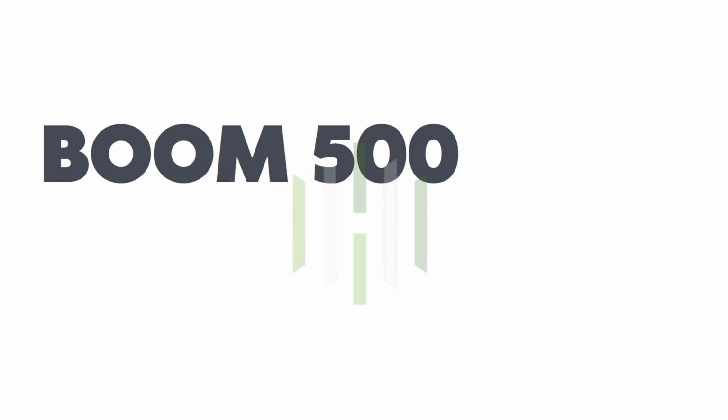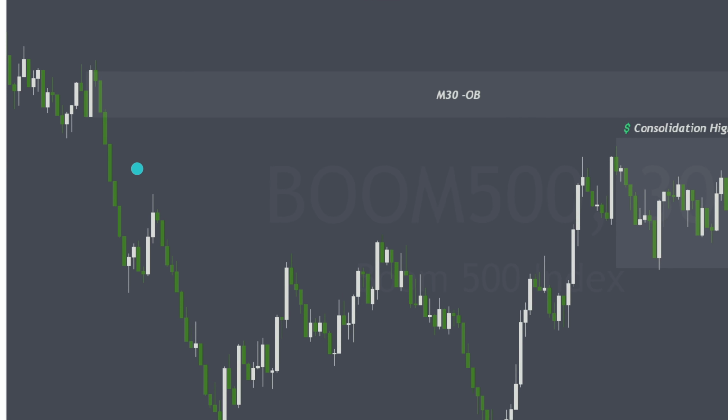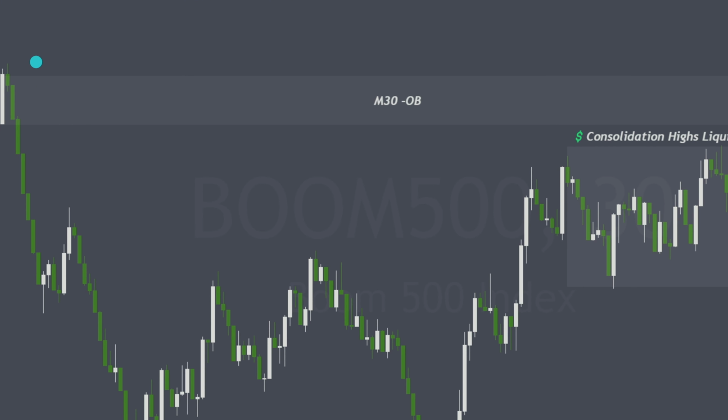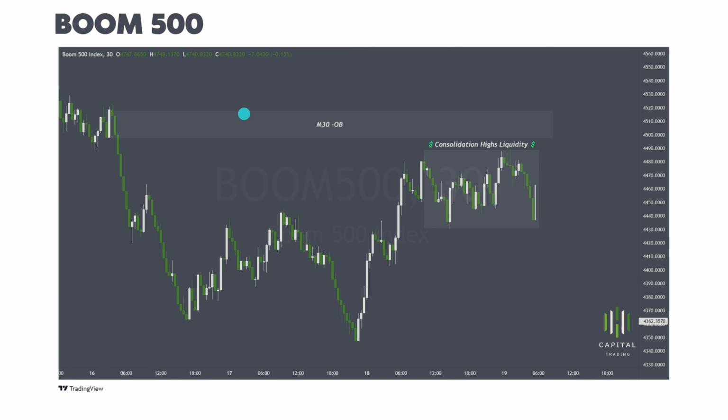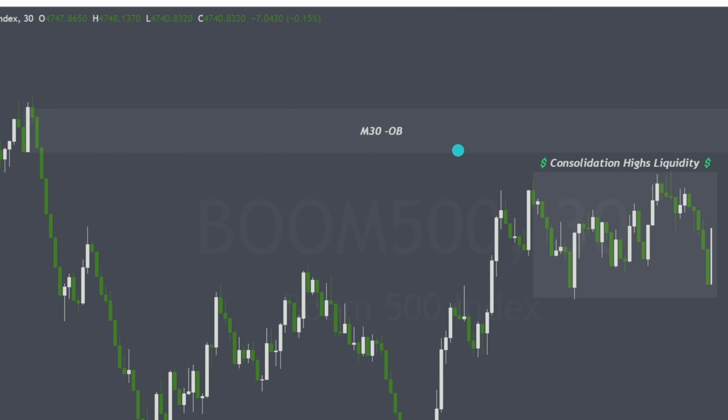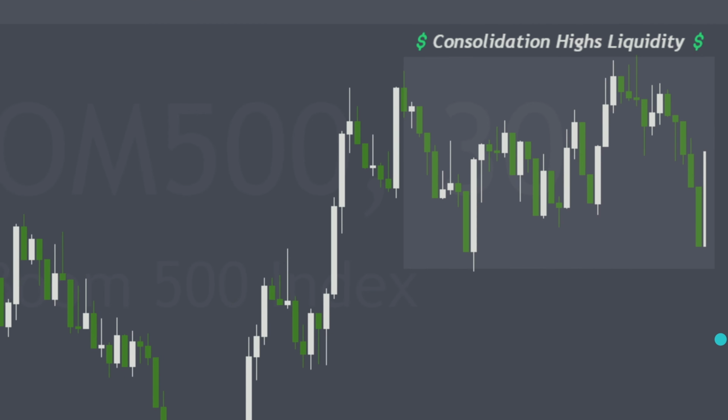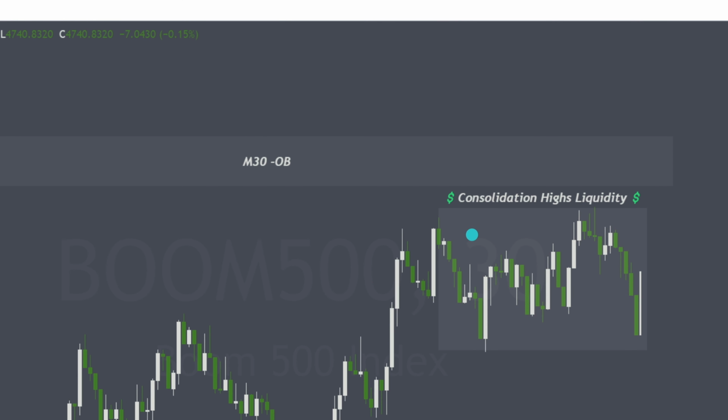Now let's focus on Boom 500. So for Boom 500, we had price dropping, and as it dropped, we formed this last up close candle. So at some point, you're going to want to see if price is going to reach into this last up close candle, which is the bearish order block, and maybe push price to the downside. But before it did that, we identified this range here.